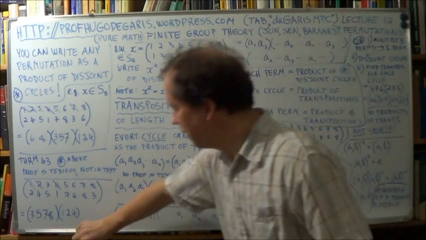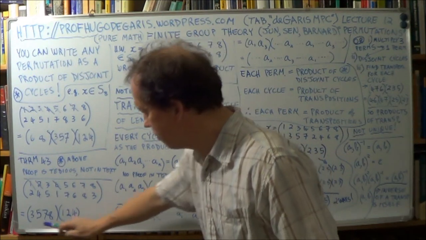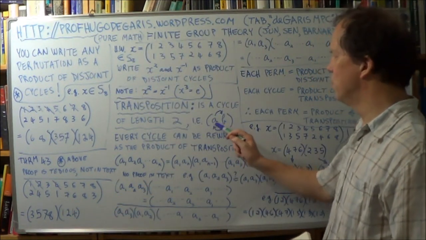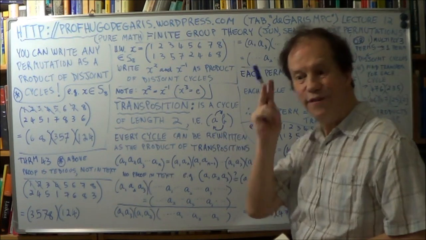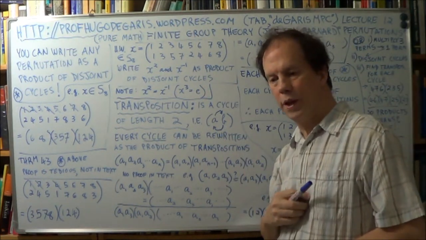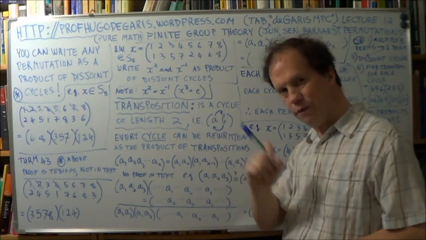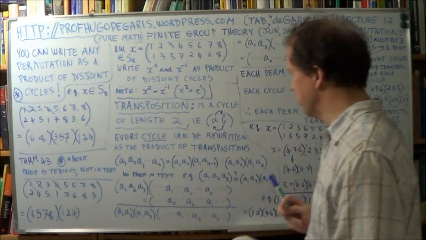Here you've got a cycle of length 3, here a cycle of length 4. But if it's of length 2, just two terms, by definition it's called a transposition. And transpositions are pretty important in future work, future theory in finite groups.